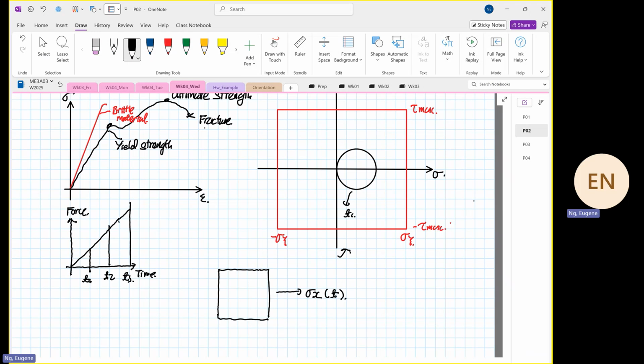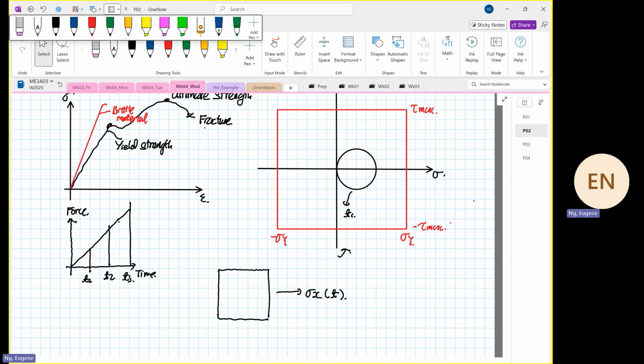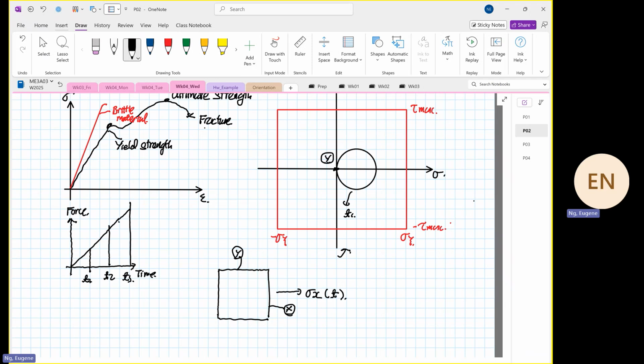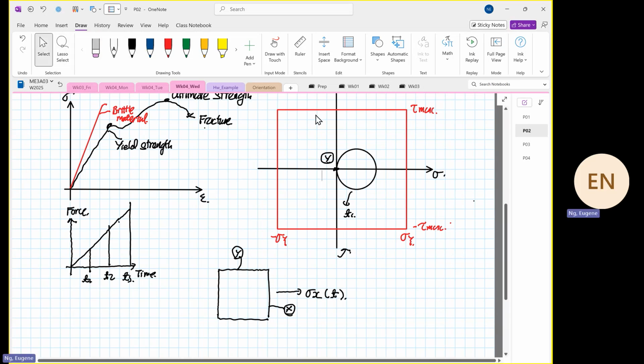Now when we go into T2, we know that over here this is our point X, and this is our point Y. What you realize is our point Y is always anchored to zero stress because we are doing a uniaxial tensile test. Now, when time goes further, your forces go higher. So what you realize now is your circle grows.